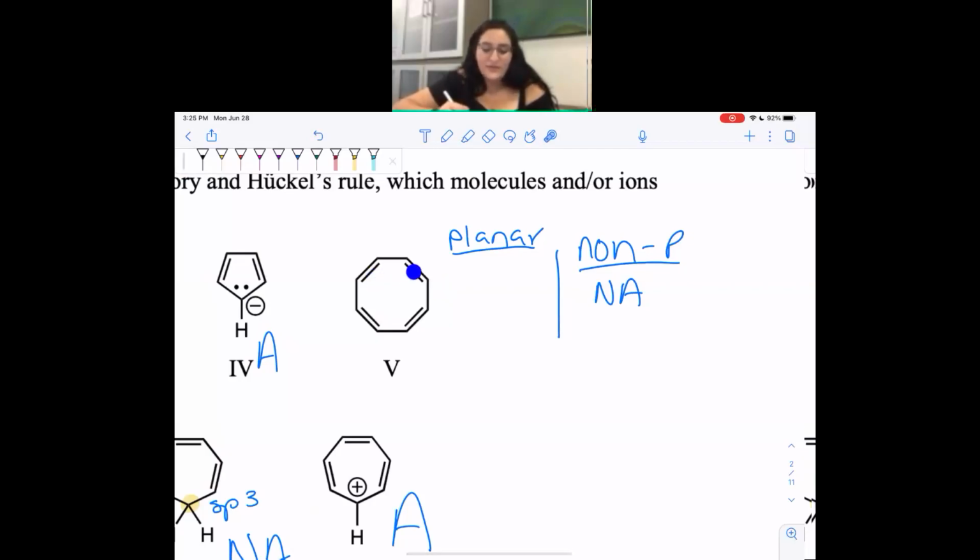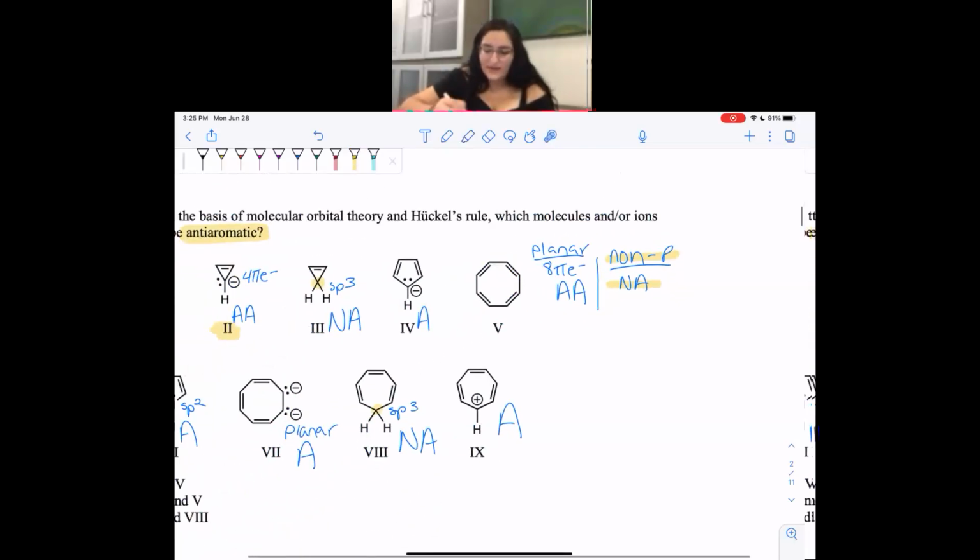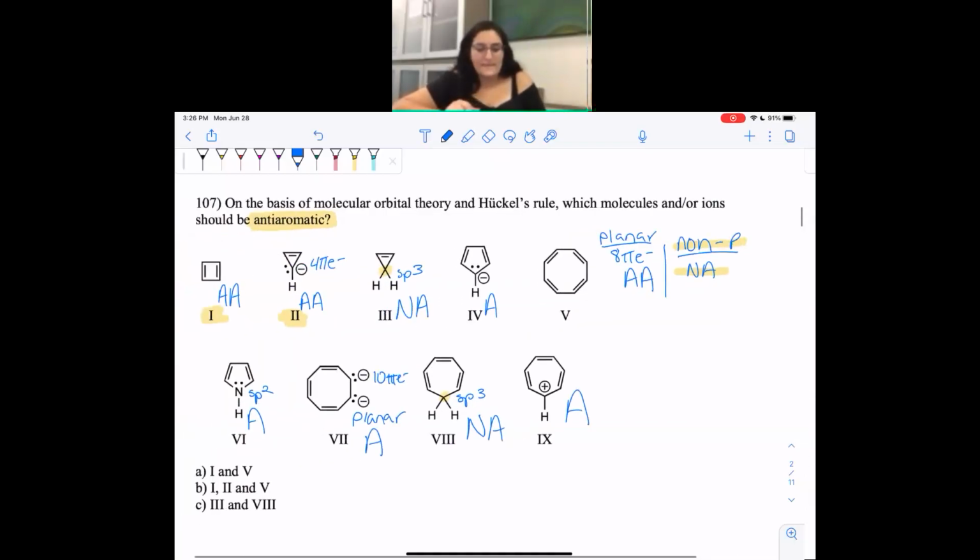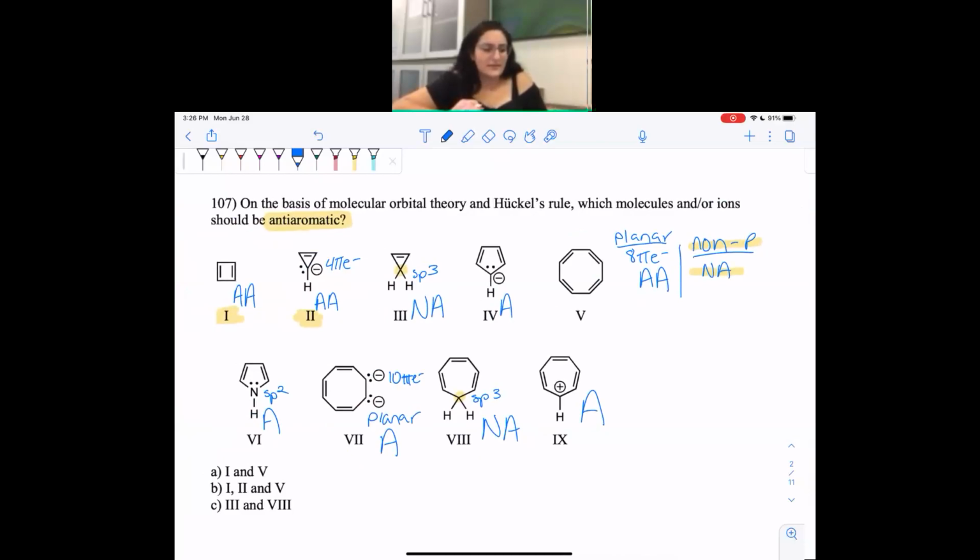In this case, we have 2, 4, 6, 8 pi electrons, and 8 would be anti-aromatic. So in this case, we choose to bend out of the plane and be non-aromatic. Whereas in this example, planar would give you 10 pi electrons, and 10 pi electrons would give us aromatic. So it would choose to be planar and aromatic. Does that make a little more sense the way I explained it? You're very welcome.